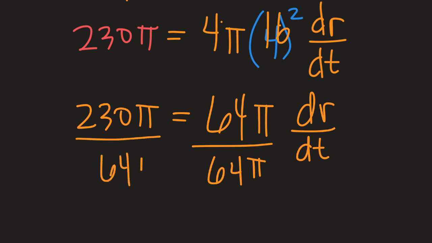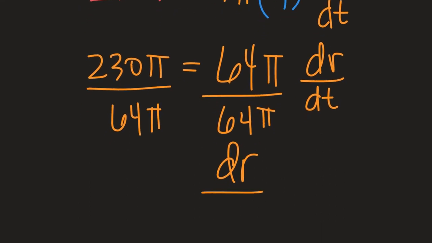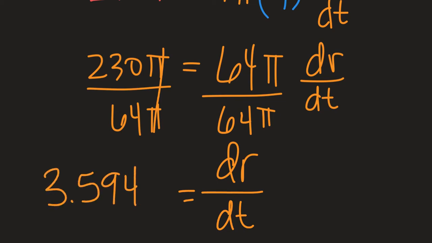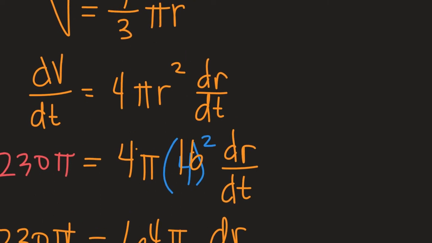Okay, it becomes a nice algebra problem. So the rate of this sphere is changing at whatever 230 divided by 64 is. So let me find a calculator, and that comes out to be 3.594. And the units were, let's see, what were the units?